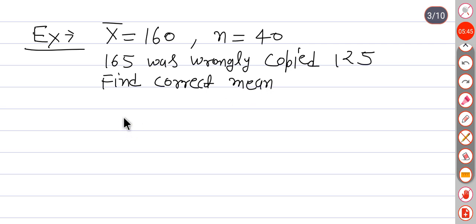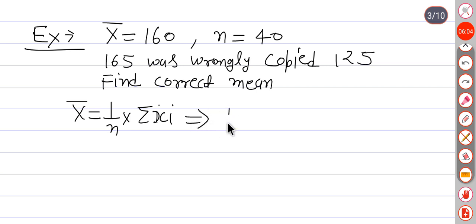If I tell you the mean is 1 upon n into the summation over xi's, so I can say 160 is equal to 1 upon 40 times the summation over all observations.